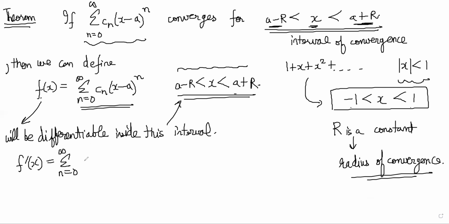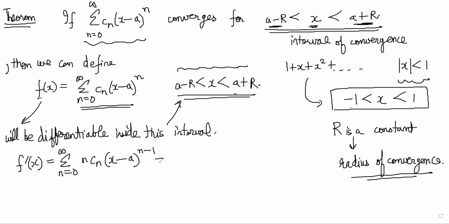Now n will come down, n Cn (x minus a) to the power n minus 1. This is your new series, right, after differentiating. I'm writing it in the summation notation, but actually you can think of it as just when you put n is equal to 0, you get C0, and C0 is a constant. So C0 will disappear actually here.